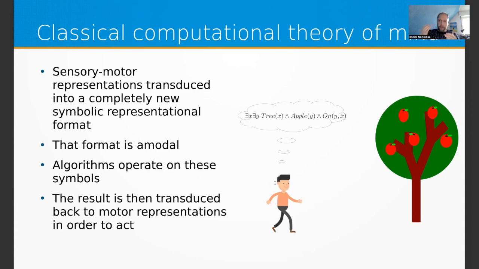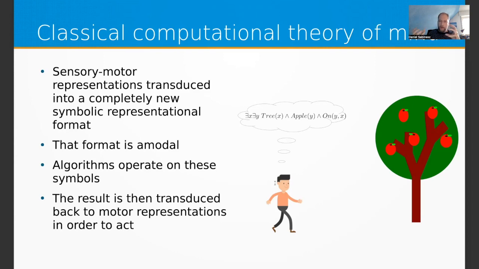And these symbols are amodal, which means they are not identical to the perceptual representations that gave rise to them. They bear no resemblance. They just sort of represent the perceptual state of affairs. They're just symbols for that perceptual state of affairs. And then if some higher cognitive competence must be accounted for, the idea is that there's an algorithm which then somehow manipulates these symbols, for example, to deduce a certain conclusion from logical premises.